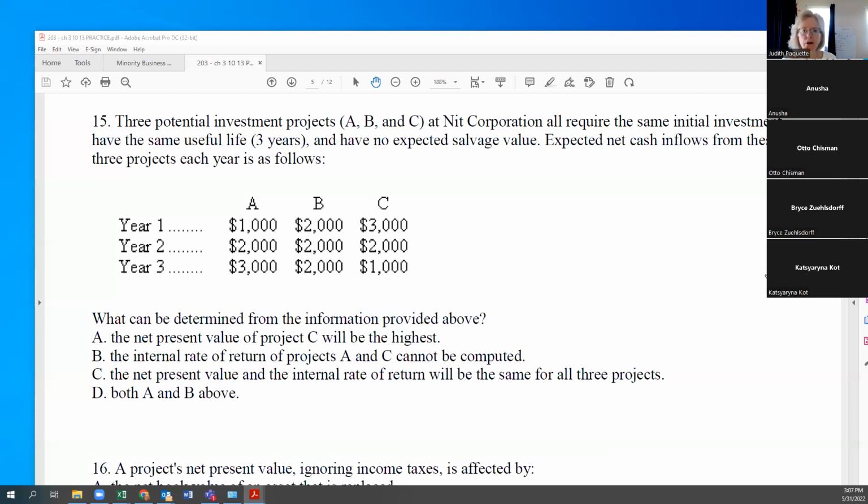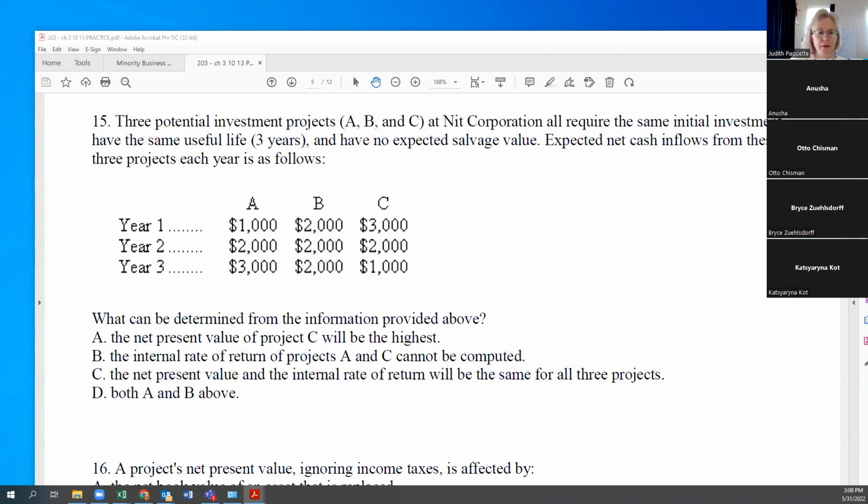What do you see that they all have identical? So what's the total cash inflow, not taking into account present value, for project A and project B and project C? Yeah, Helena, good. Same total, same total.